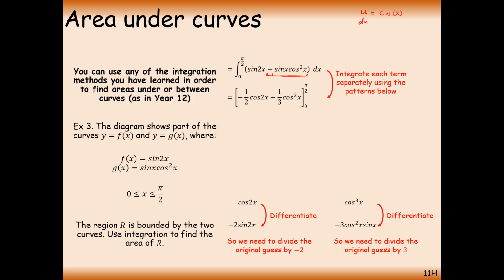Therefore, du by dx would be negative sine of x. Now, we want to have dx alone, so we would have du over negative sine of x, and this would be our definition of dx.